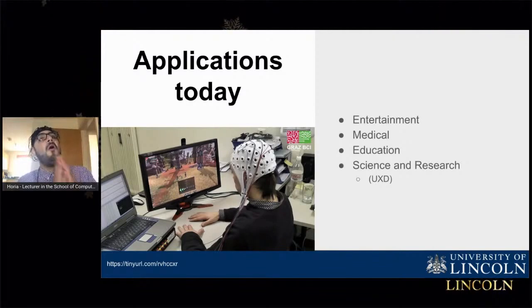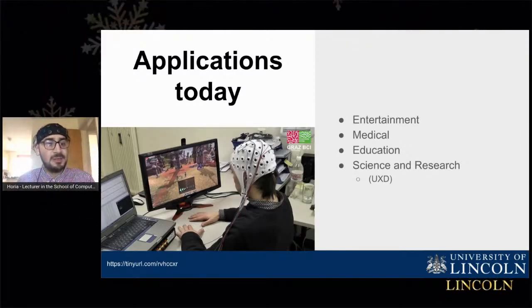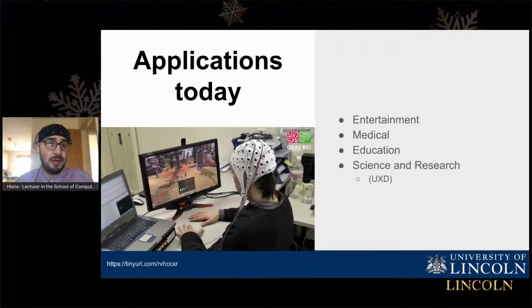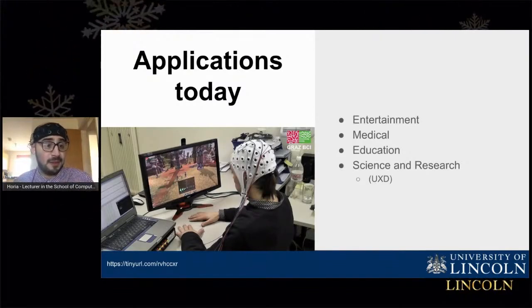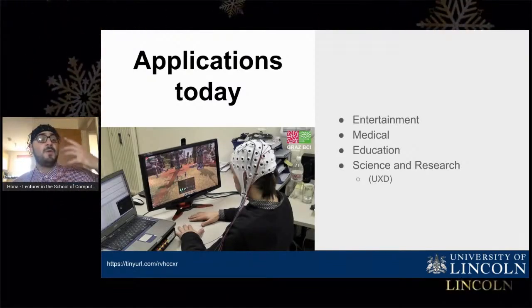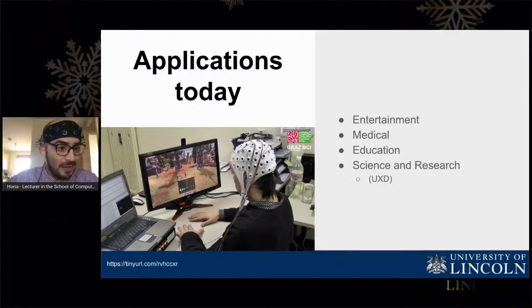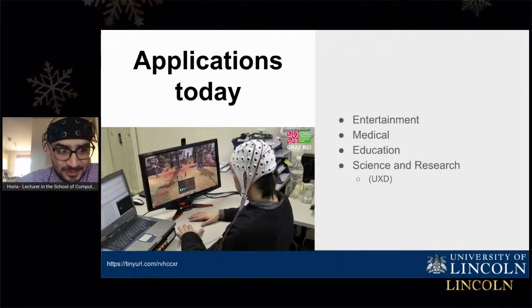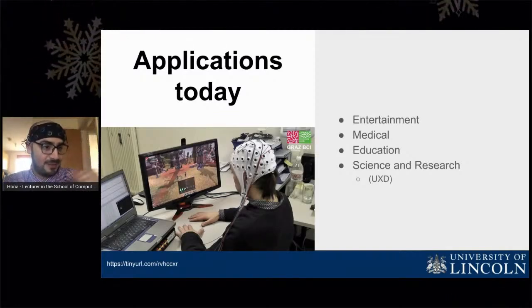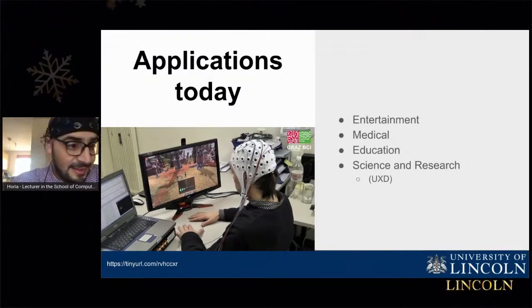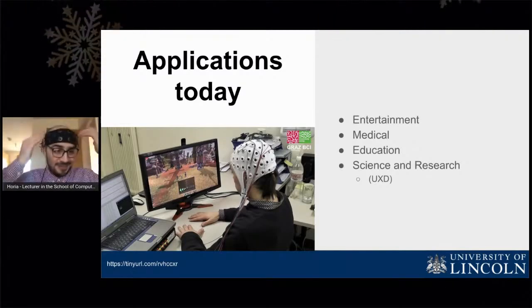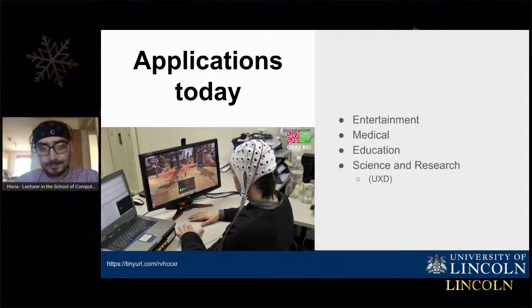So all this BCI research has shifted from clinical settings, where we want to help fully paralyzed patients or patients that suffered a trauma and are perhaps missing a limb, to the healthy population. So how can we use this technology to create meaningful interactions with technology, or to create interfaces that are reactive to our state or our mind?